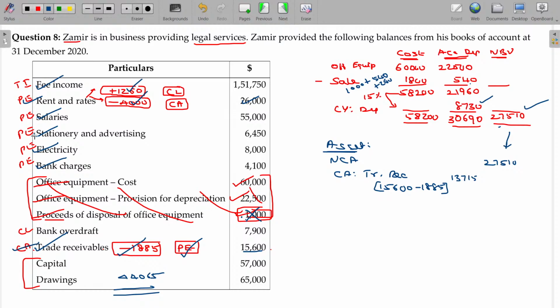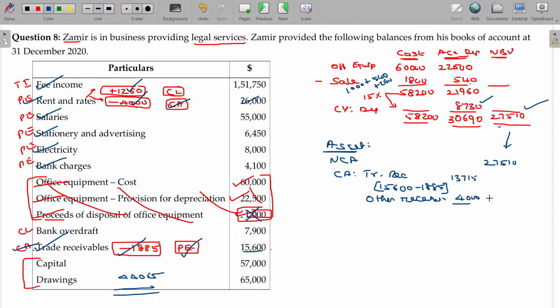This is over. Here is also one more current asset, 4,000. Rent and rates paid in advance, named as other receivables, 4,000 rupees.